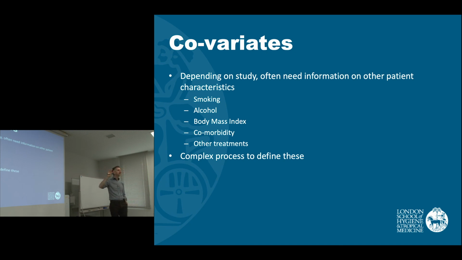As well as doing this for our exposure and outcome, we also have to do it for other patient characteristics. So other comorbidities, other treatments that they take, but then things like the smoking and alcohol information. Now, smoking is something that the GP, the primary care physician, will ask a patient about when they register.